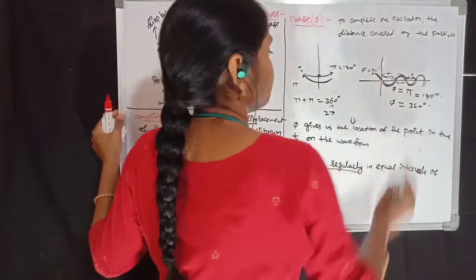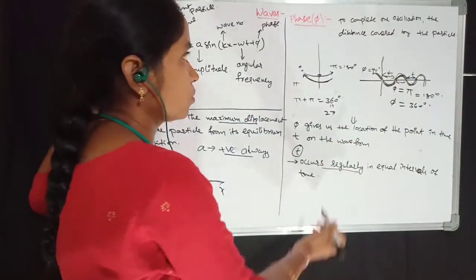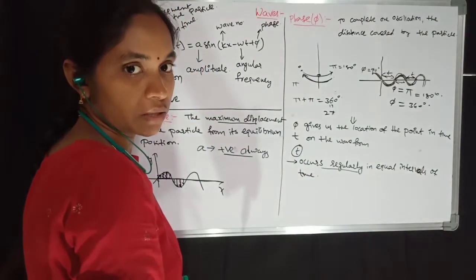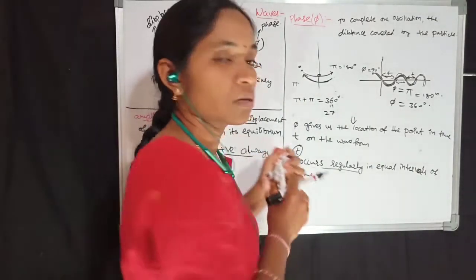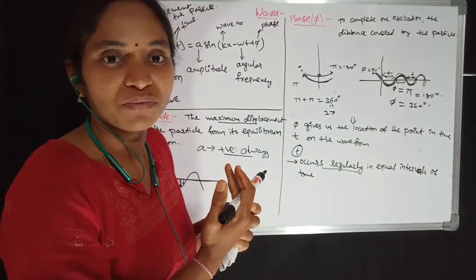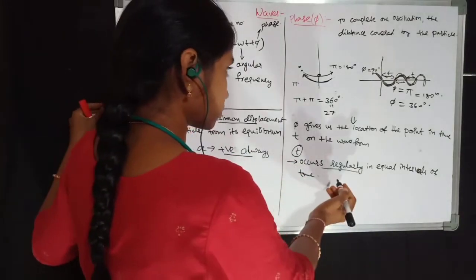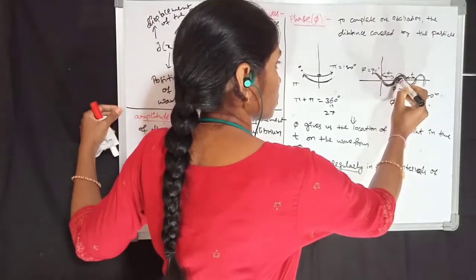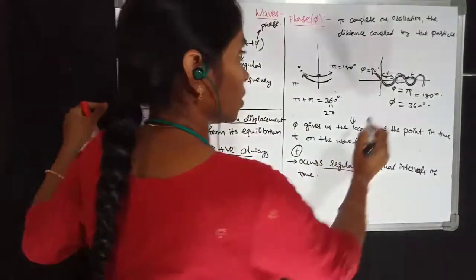This is time. As I said, to complete one oscillation, the distance covered by these particles or waves is nothing but the phase. This is one complete cycle. In this wave, this is one complete cycle from here to here.